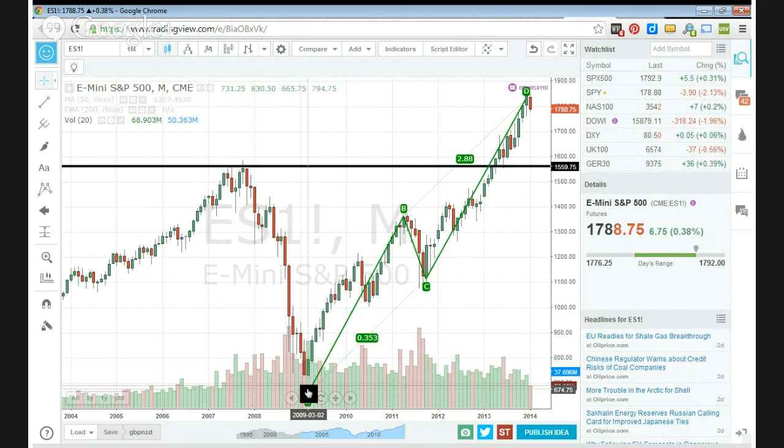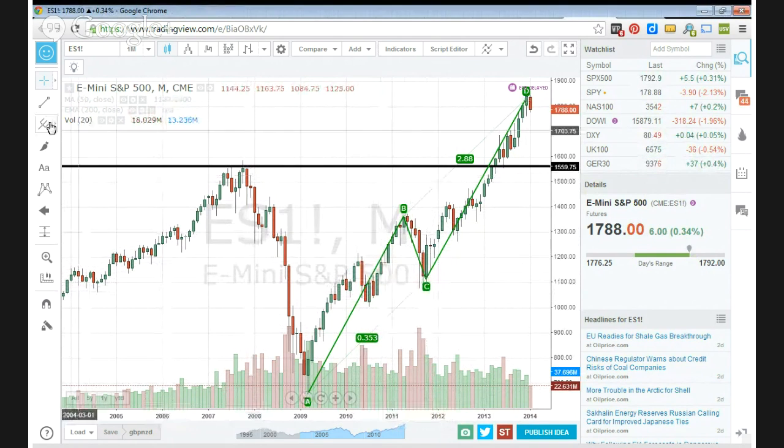From there, look, here's point A. If you're thinking AB equals CD, you might draw point B here in April of 2010. It becomes more clear here. Point B, point C. Generally, C should be a 38.2% pullback.